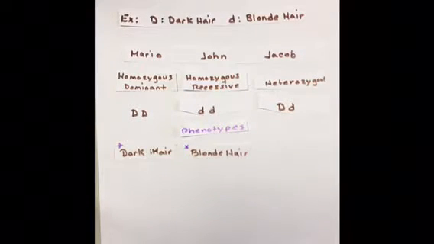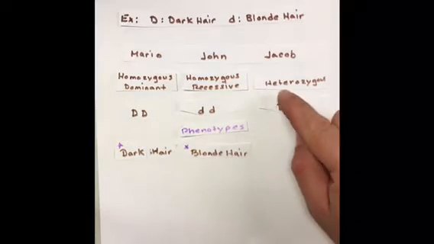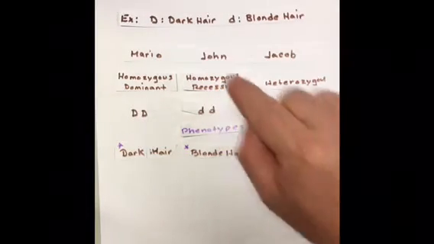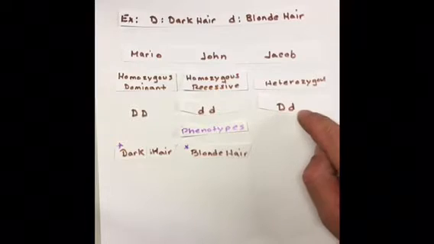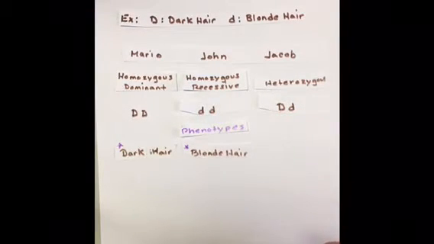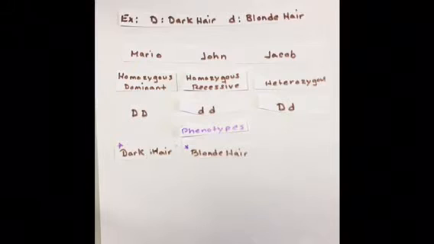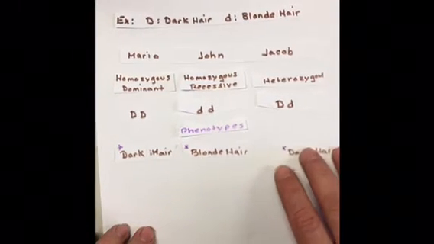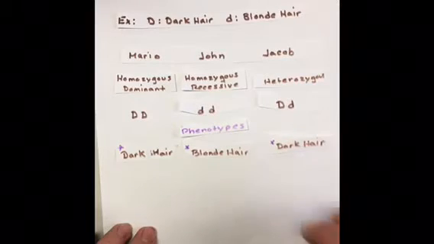Now, to the final one, heterozygous. Jacob has a dominant gene, that's going to give him dark hair, and the recessive version, the blonde hair gene. So he has a dominant version and a recessive version. In this particular example, his phenotype will be dark hair.